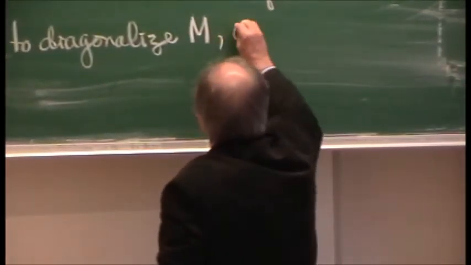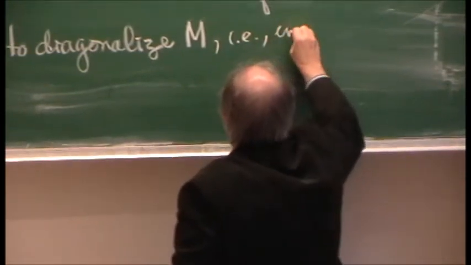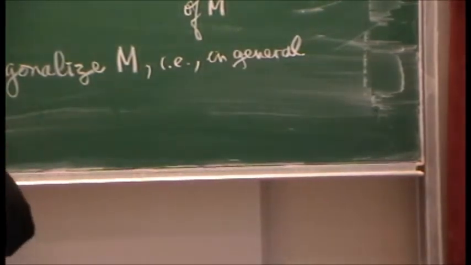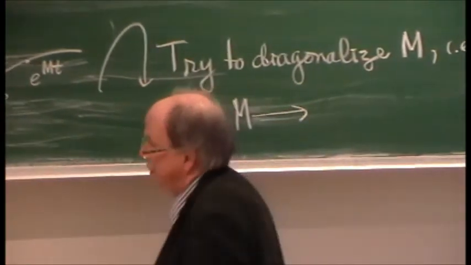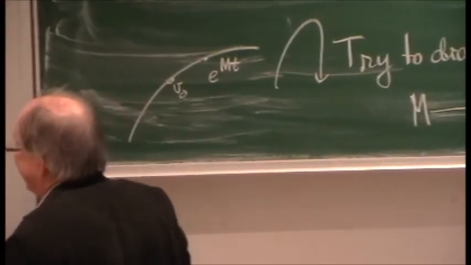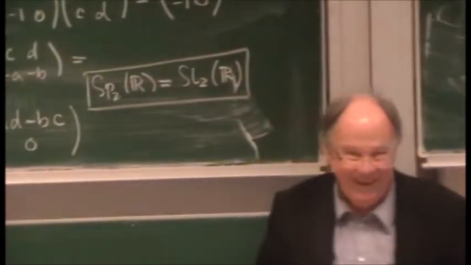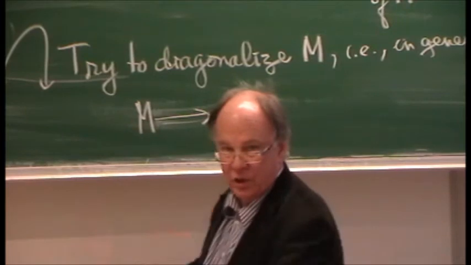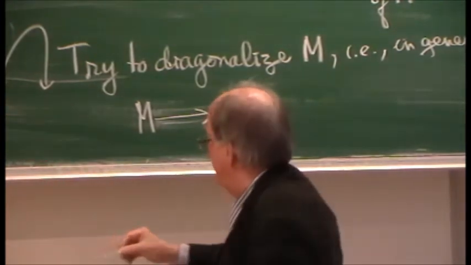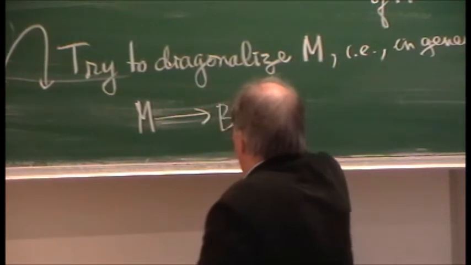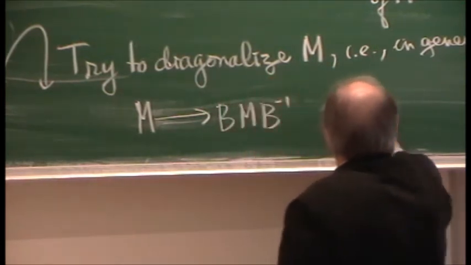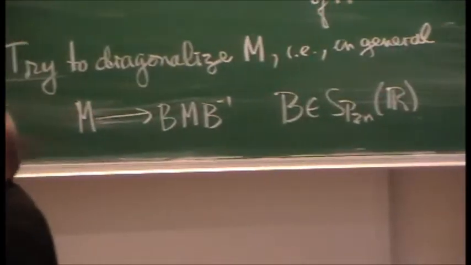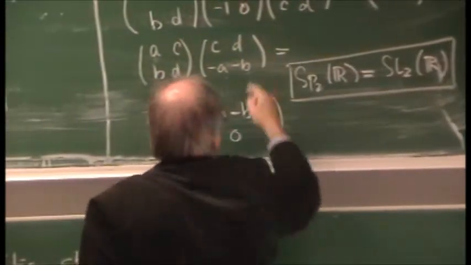So in general this means conjugate M by, now you guys give me, what letter am I allowed to use here? Oh, B, right? You conjugate by a symplectic isomorphism, because that's the whole thing, it's symplectic. And B is, in this case, symplectic is stupid, but it's still interesting to do. So in general, B should be in Sp(2n, R), and that's simply the same equation, except much more complicated.